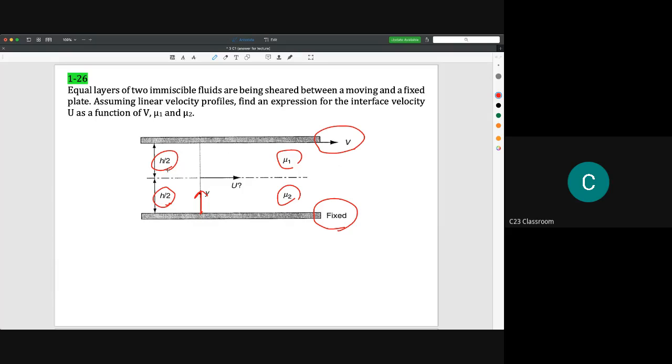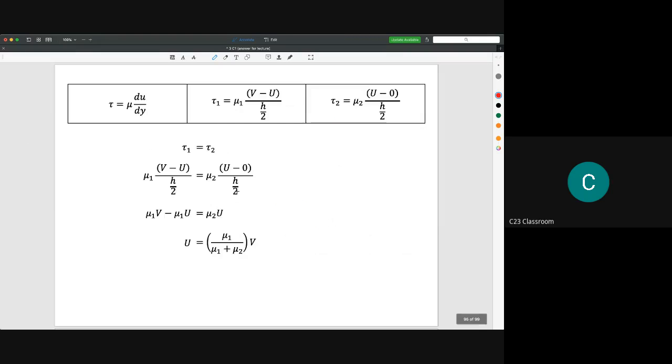We need to find an expression for the interface velocity u as a function of v, mu1 and mu2. It starts from the shear stress.